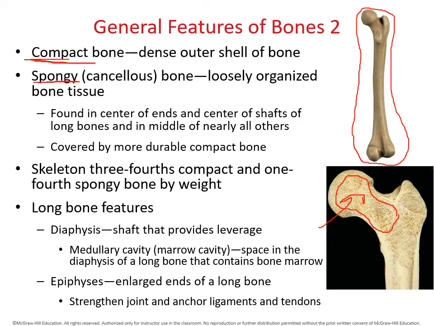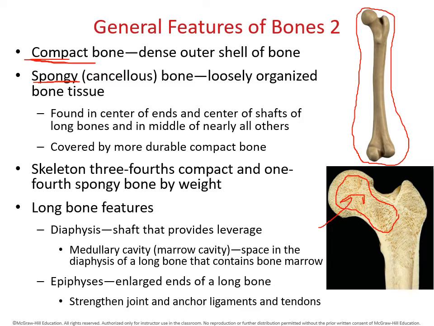It is very common for bones to have a mixture of compact and spongy bone tissue. The ratio as well as the location of each will obviously vary depending on what particular bone you're looking at.